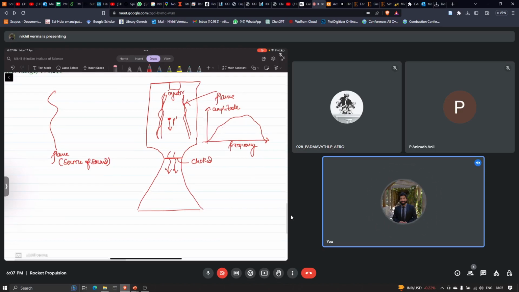So this condition is also known as an acoustically choked nozzle, which means any disturbance that is coming in will reflect back. In other words, it will act like a closed boundary. And here also we have a closed boundary, right?